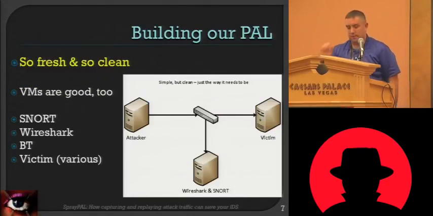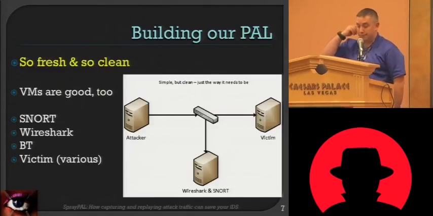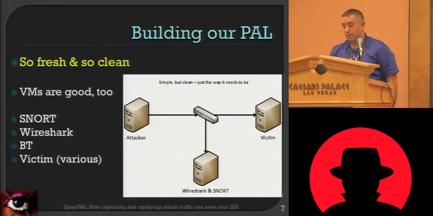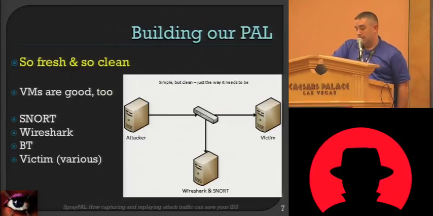So when we build the Pcap attack library, there's a number of different ways you can go about doing this. We found probably the easiest way to do this, very simple network, right? One of the issues that we ran into with that first Pcap file or the traffic replay tool that we looked at was there's so much extra junk in there. So we try to streamline the attack to make it as small and as clean as possible, right?